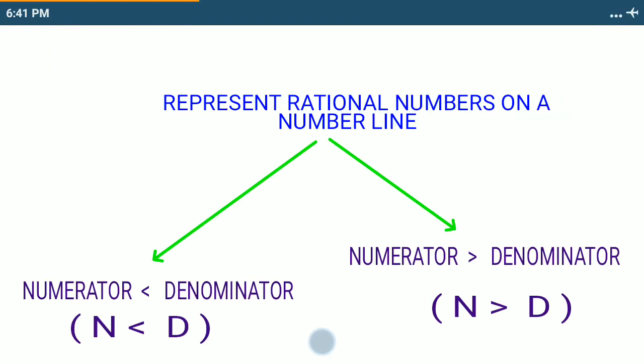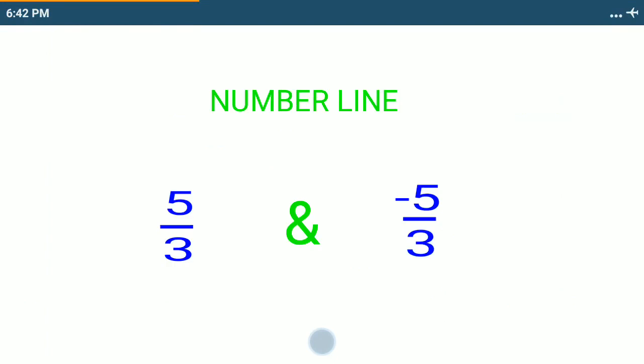In this video, we will try to plot rational numbers whose numerators are greater than their denominators. So let's start. Students, let us plot 5 by 3 and minus 5 by 3.